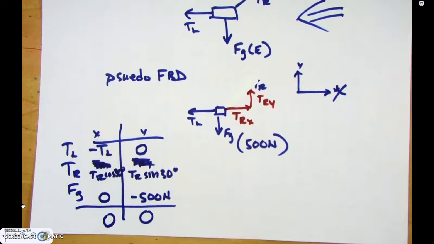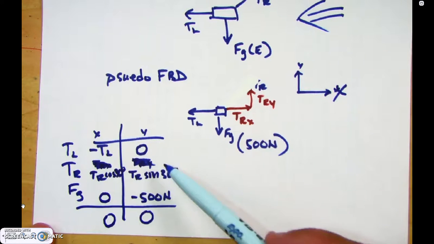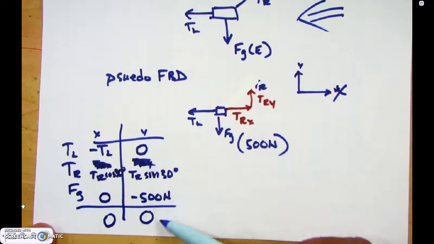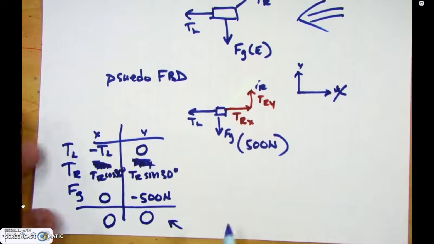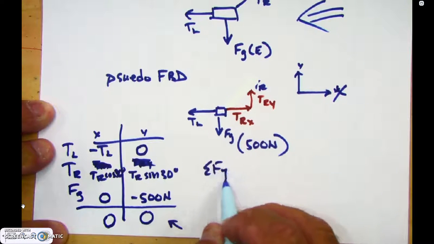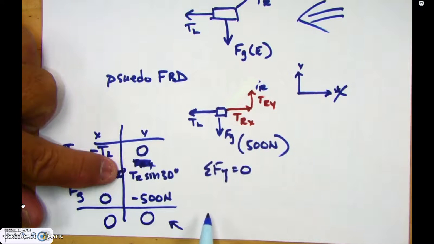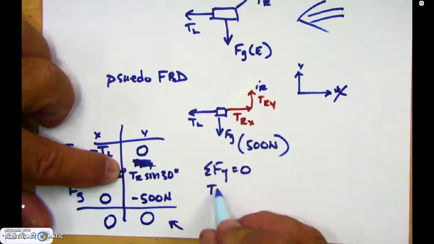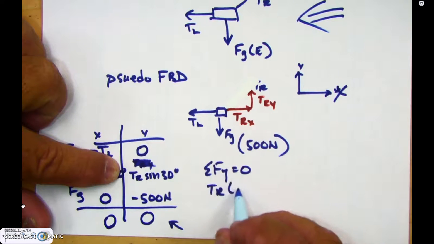Now, here's the thing. Sines and cosines are numbers you know. So if I take a look at this side here, that plus that have to equal 0. I'm going to do this side first, because this side only has one unknown. So I'm going to say the sum of the forces in the y direction equals 0. Well, I have TR times the sine of 30, which is 0.5.